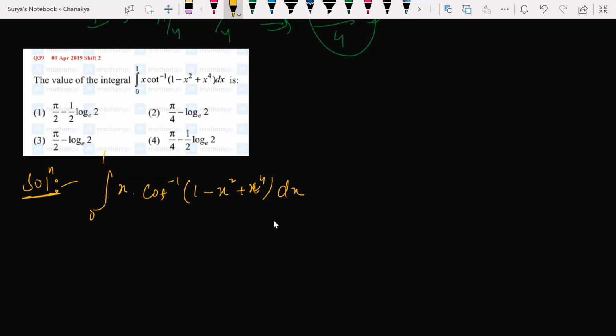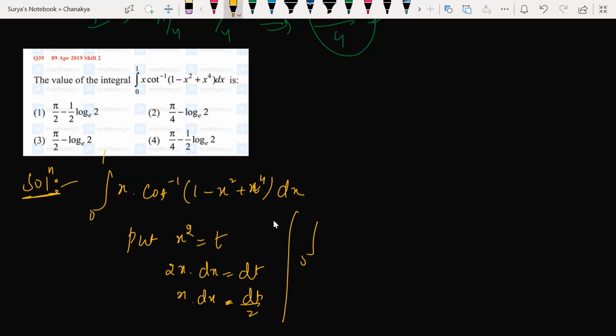So let's go with the substitution method. X square as t. So 2x into dx is equal to dt, so x into dx is equal to dt by 2. So this is what you get.